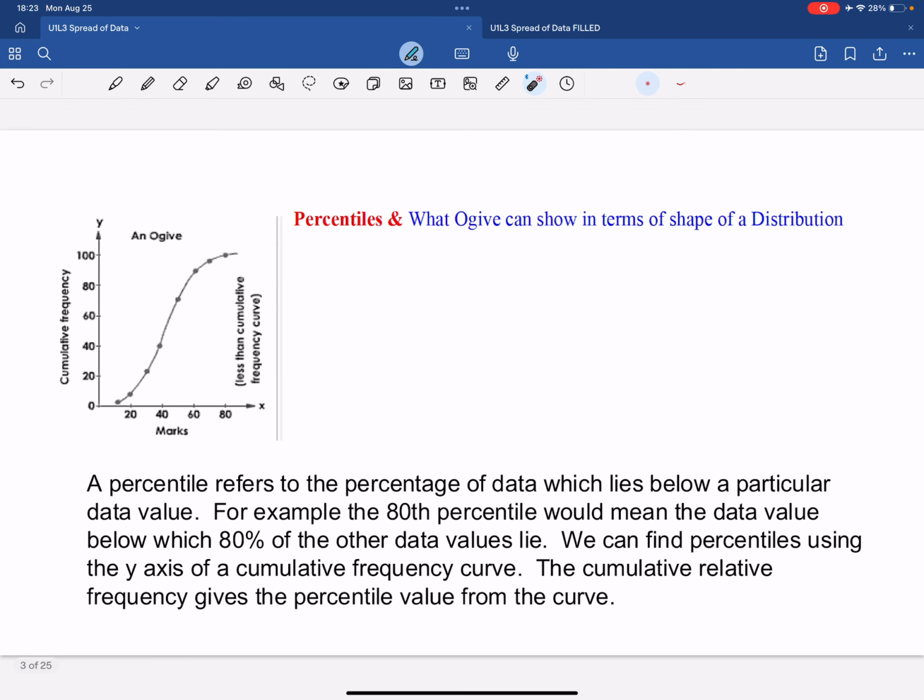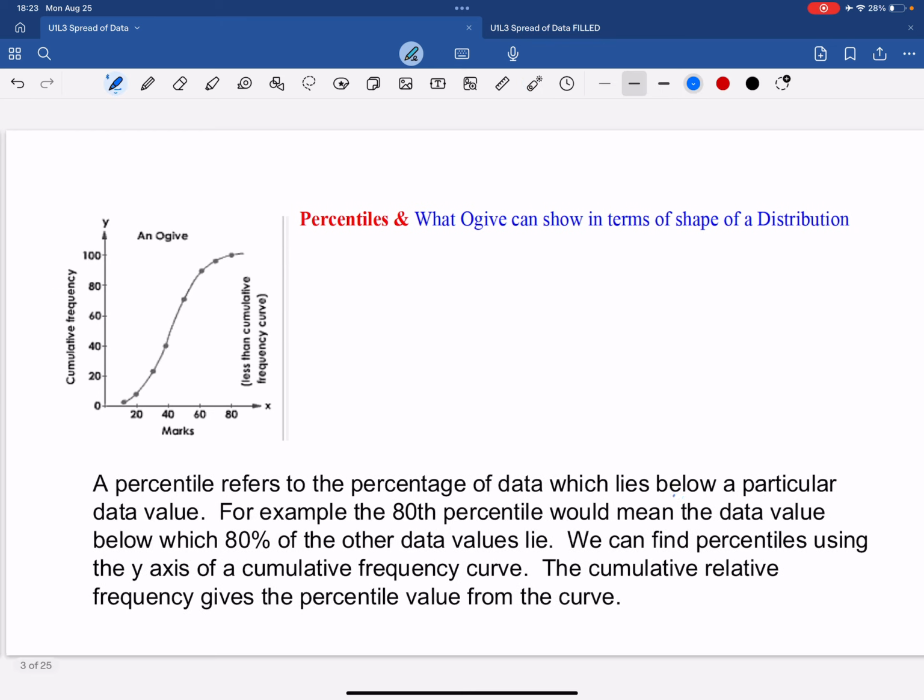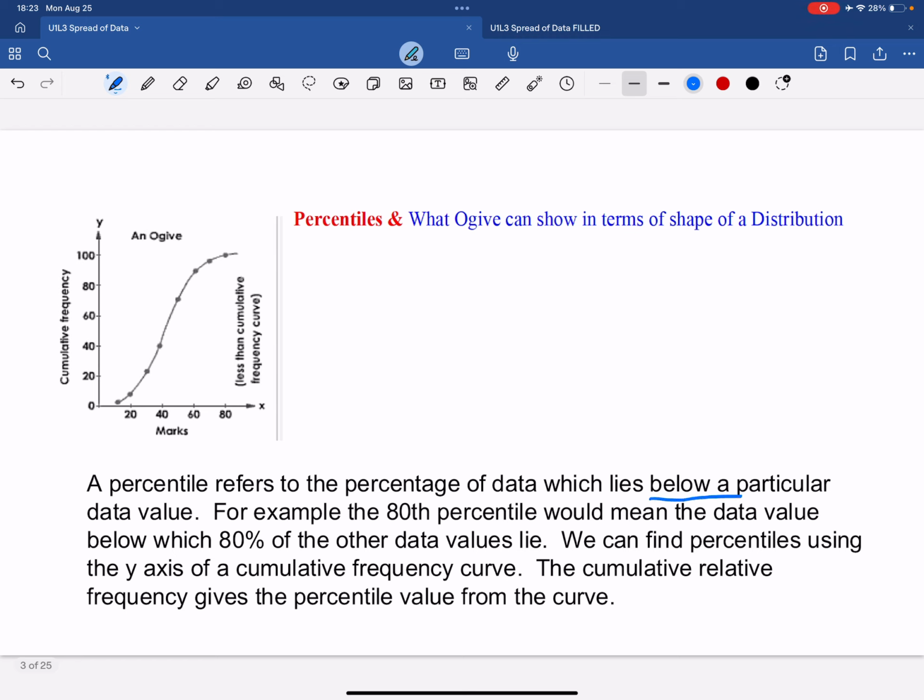Let's keep going. Percentiles, we've seen this before, but here's a definition. The key is sort of the same wording as a cumulative density function: below a particular data value.